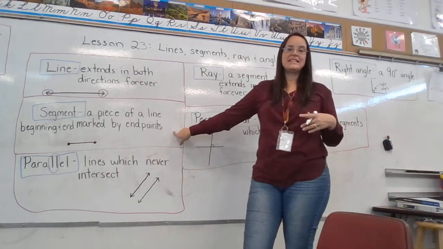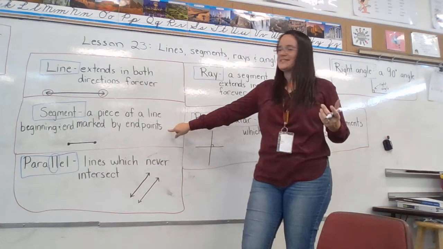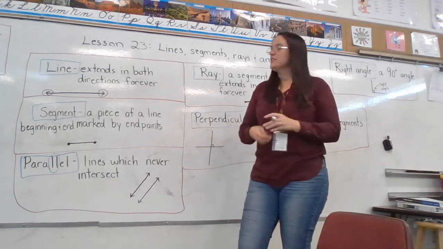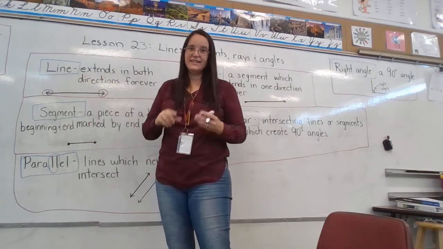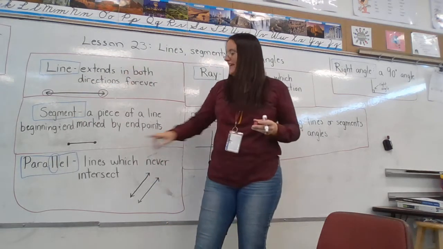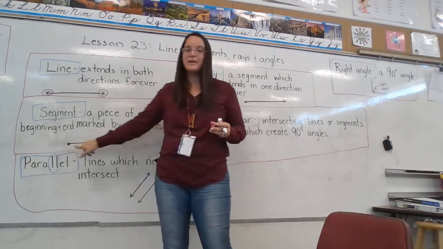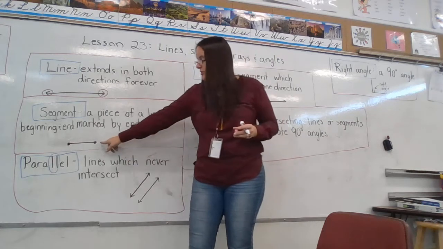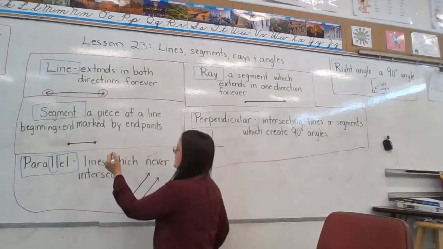Typically, when we say a line, what we mean mathematically is a line segment. So a segment is just like a line. It's a straight line. However, it has a starting point and a stopping point, which are marked by these dots that are called end points.